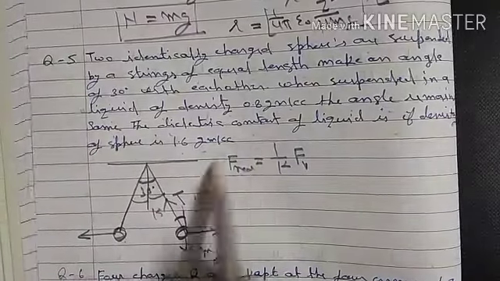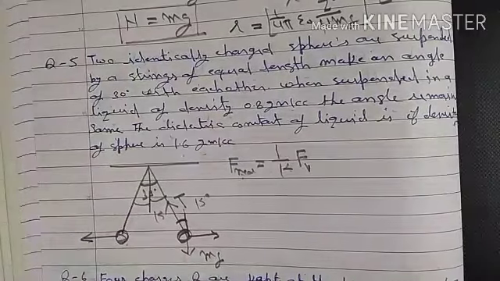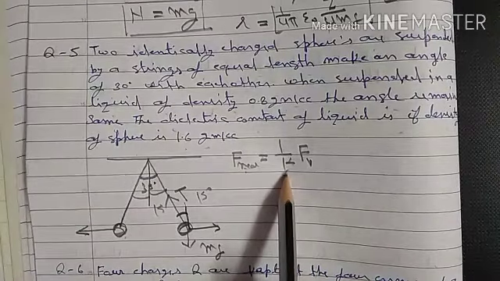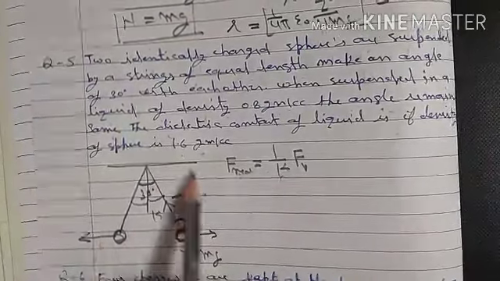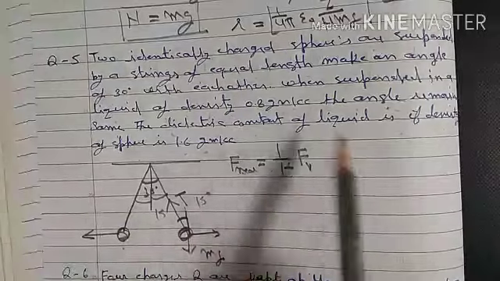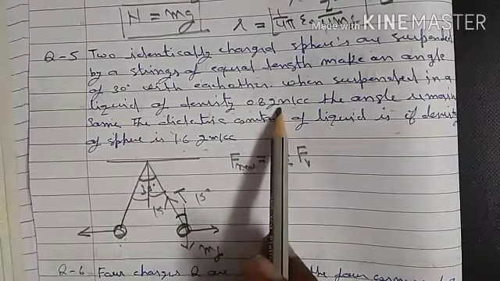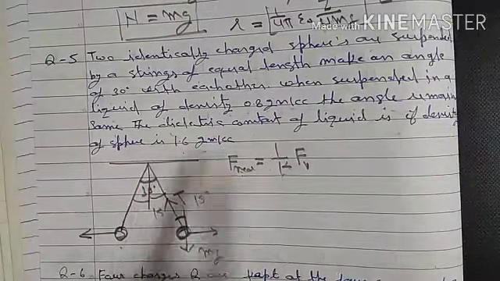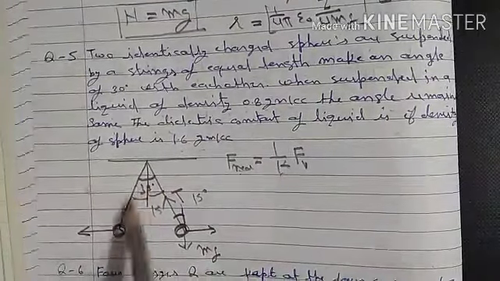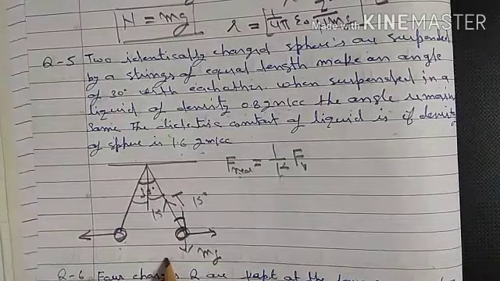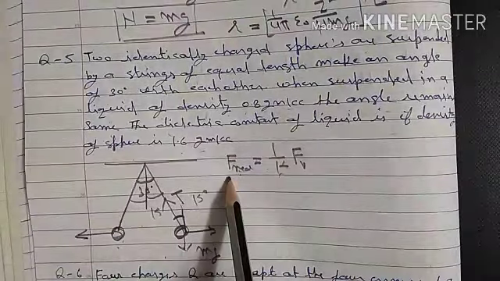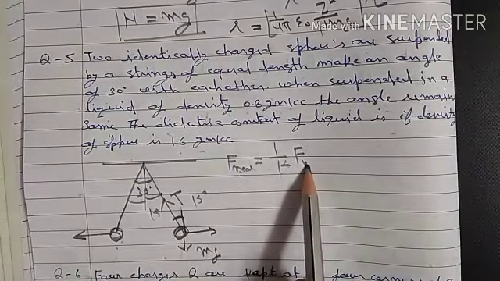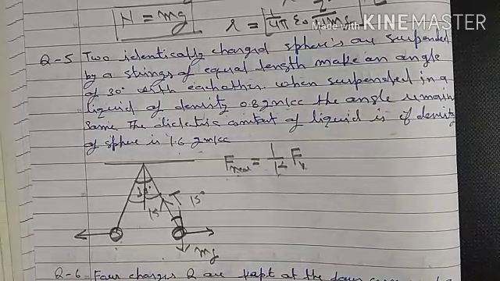The electrostatic force in a medium is equal to 1 by k times the force in vacuum, where k is the dielectric constant of the medium. When we put this arrangement into a liquid of density 0.8 gram per centimeter cube, the angle remains the same, 30 degrees. So I am taking the relation F medium is equal to 1 by k Fv, where Fv is the force in vacuum.